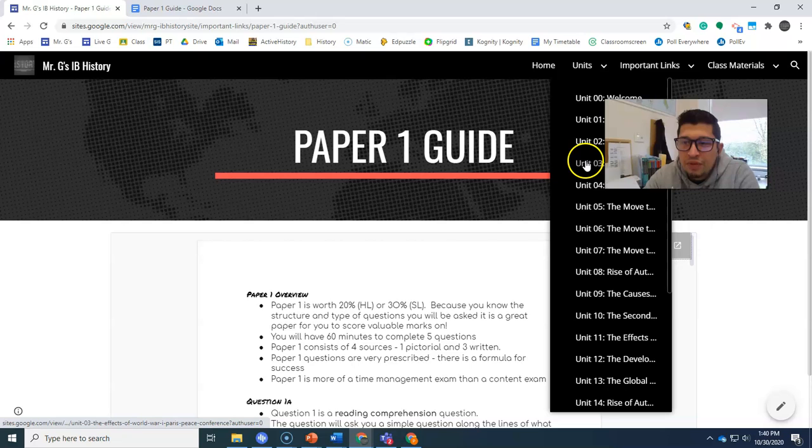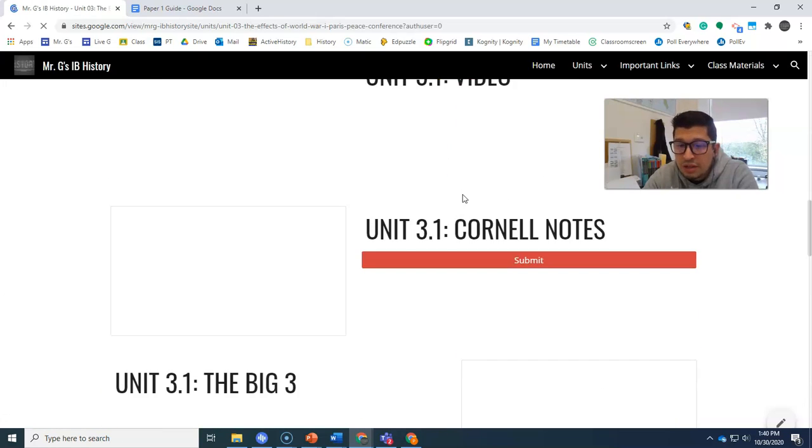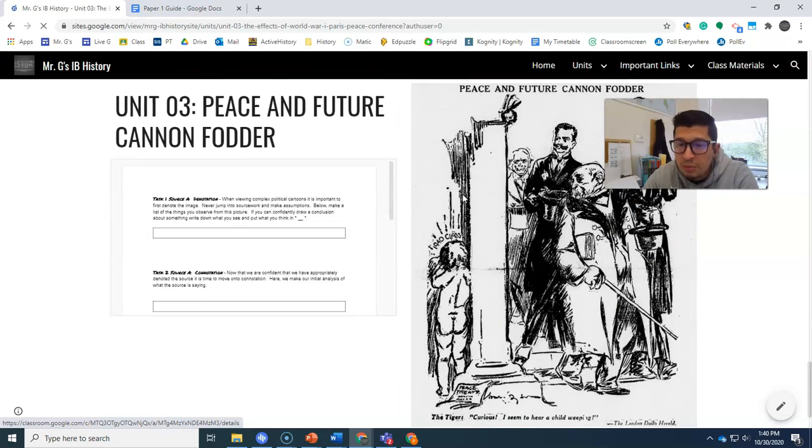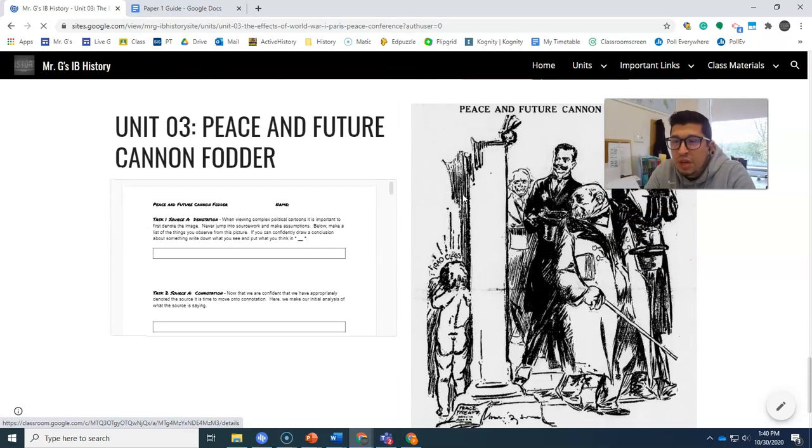Here we go, Unit 3. I'm going to give you an example. You just practiced this. You didn't know you were practicing Paper One, but you did. Here's this cartoon, Peace and Future Cannon Fodder. I believe that Source A is saying that this baby represents Germany. I think this baby is naked because Germany got so much stripped away from it in the Treaty of Versailles.